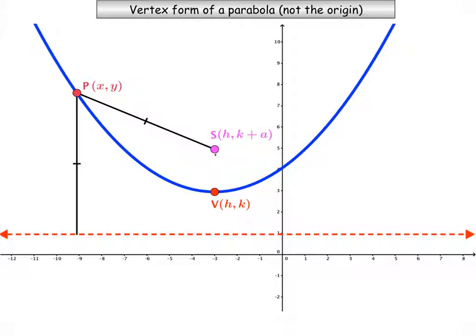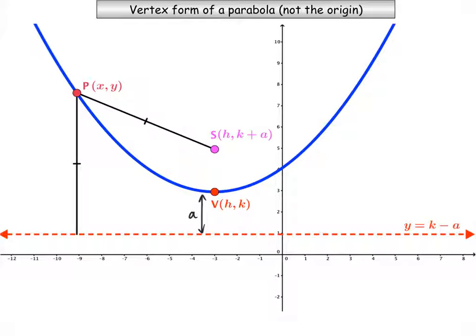Alright, so now this distance here is the focal length. We call that a, which is the same distance going down here. So the focus and the vertex have the same x value. The difference with the y value is this extra a value from the k. So that's why we have k plus the focal length. This distance here we said was a.